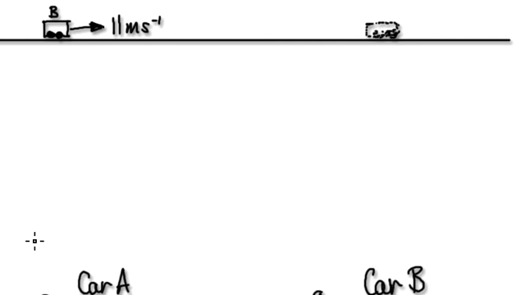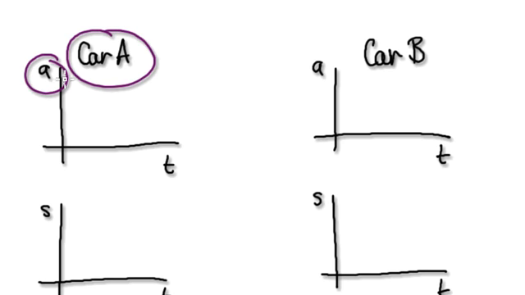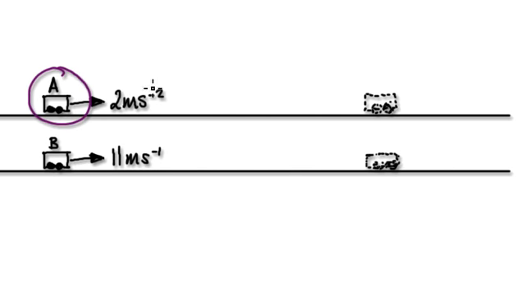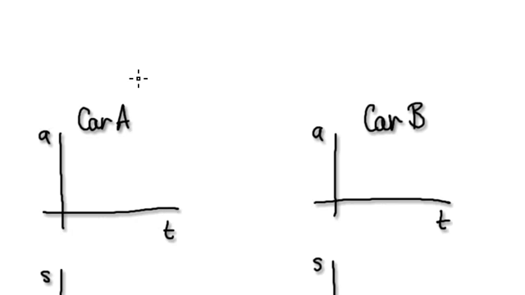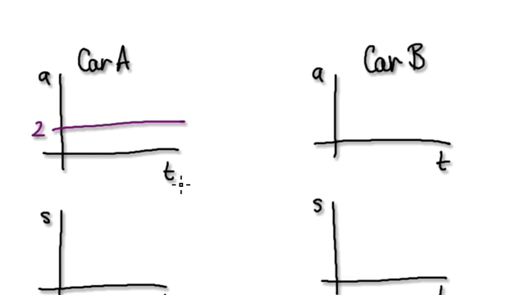Okay, so to do this here, try to draw the three graphs. So for car A, the acceleration time graph will look like this, 2. Car A is accelerating.